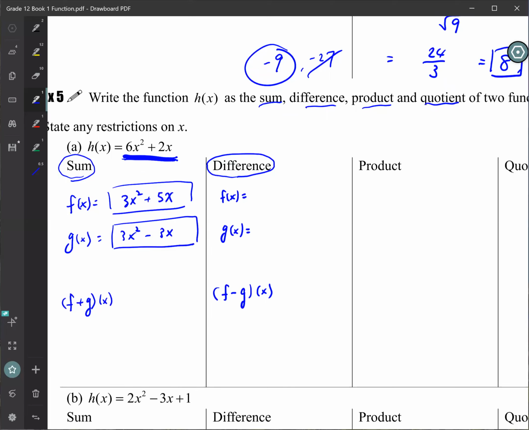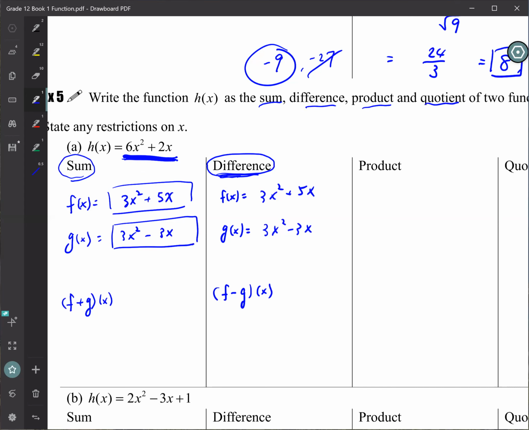I used the one for the sum. So what is it? 3x squared plus 5x. Okay, and what's your g? 3x squared minus 3x. Okay, and if it works, that means if they subtract, right? Because we're doing difference. So they have to subtract to equal h.